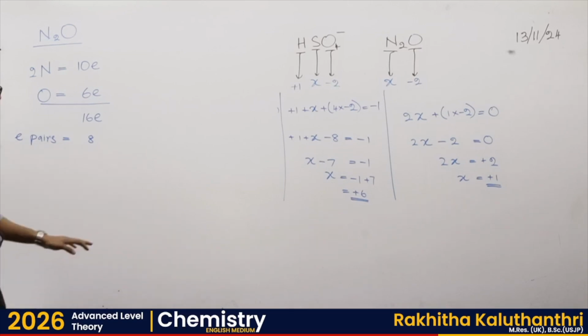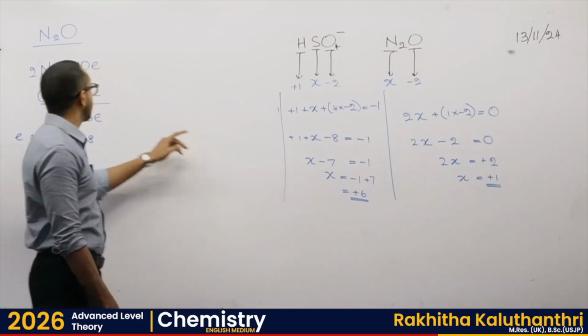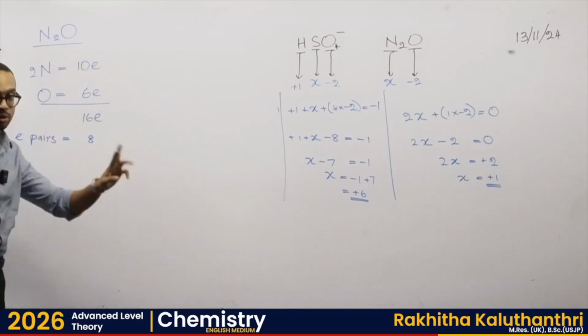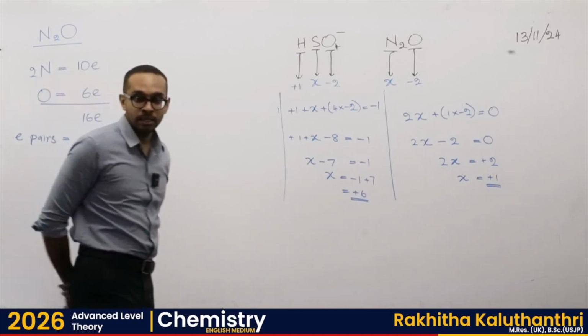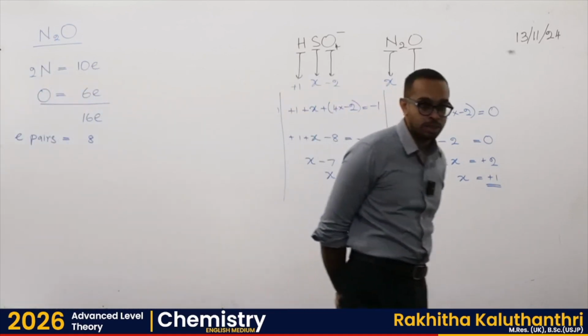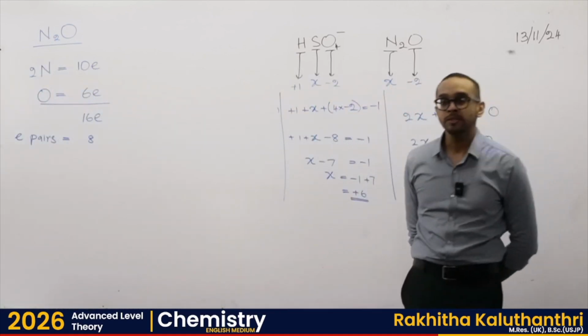Can someone tell me the oxidation states of the nitrogens? There are two different nitrogens, in the sense that nitrogens with two different oxidation numbers are there. Can someone tell me what those are?